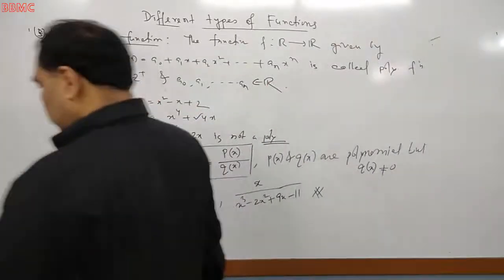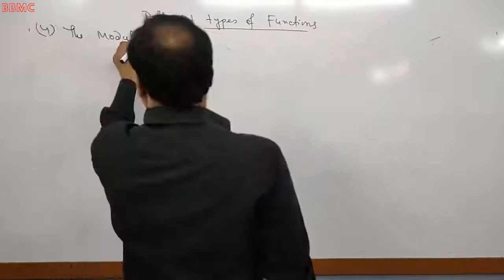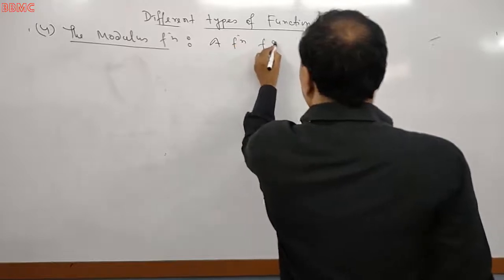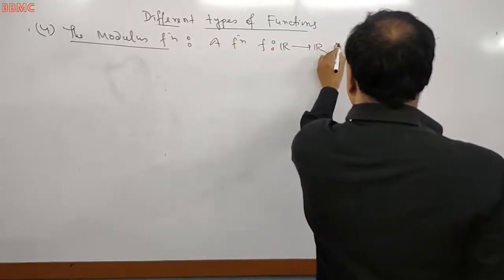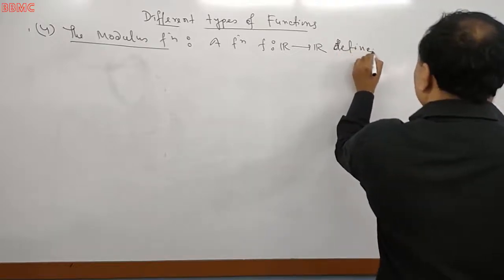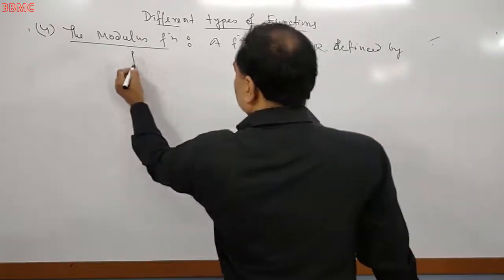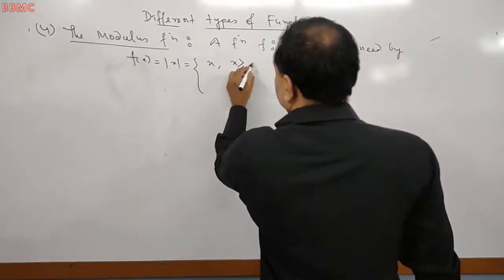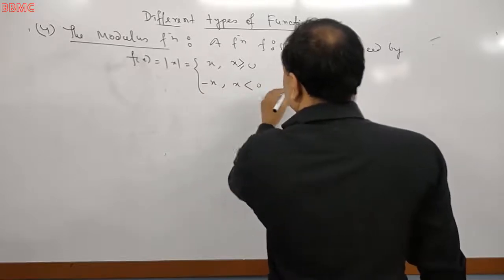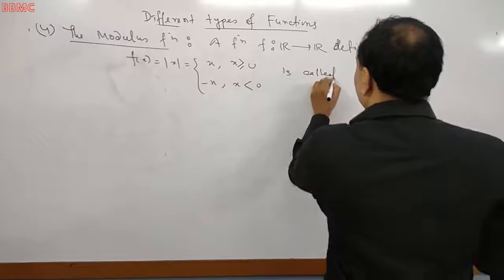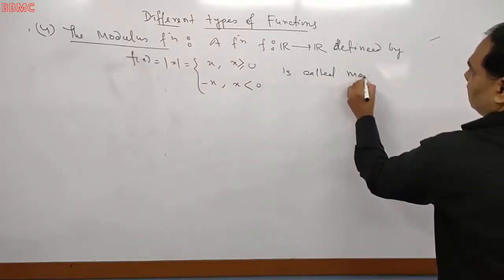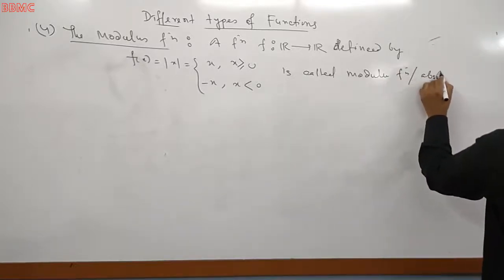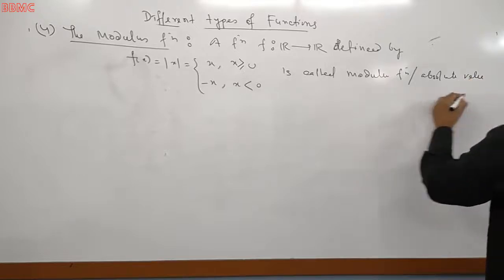Okay, let's go to another function, the modulus function. A function f from R to R defined by f(x) equal to modulus x, such that x greater or equal than 0, and minus x, x less than 0, is called the modulus function or absolute value function.